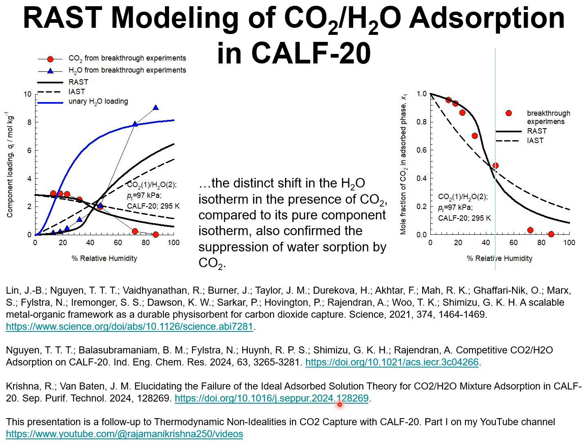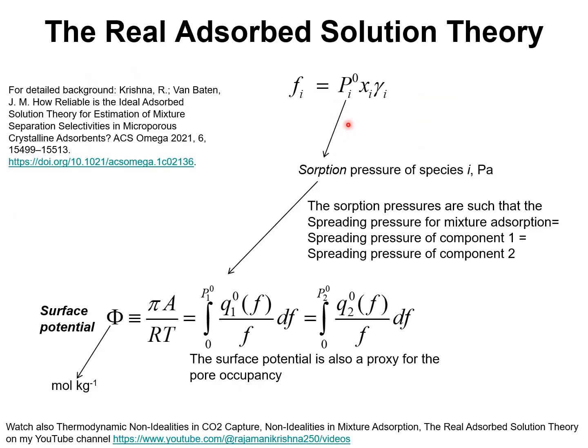So let's look at the theory of the Real Adsorbed Solution Theory. In the RAST development, we introduce activity coefficients when relating the partial fugacities of each of the components in the bulk fluid mixture with the corresponding mole fractions x_i in the adsorbed phase mixture.